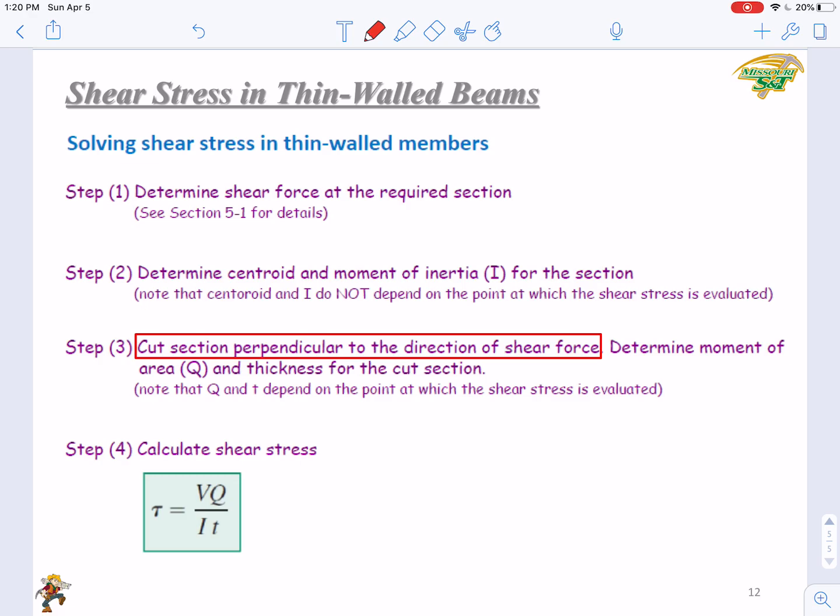This is important. Then determine the moment of area, the Q, and the thickness there. Then you use the general equation to calculate the shear stress. Then we'll have a couple more examples to illustrate how to calculate the stress using the equations and the steps for different beam sections, different shapes of cross sections.